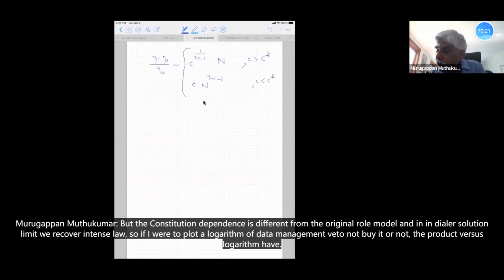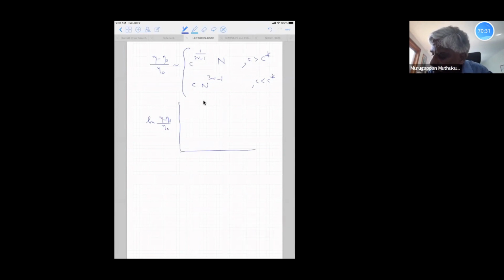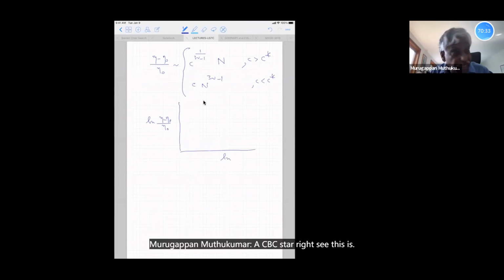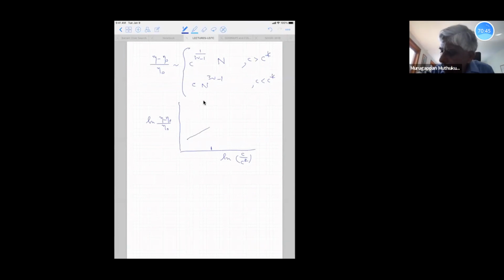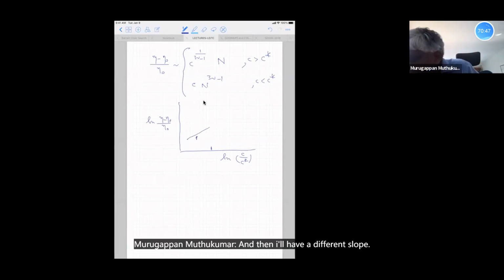So if I plot the logarithm of (eta minus eta naught) by eta naught versus the logarithm of C by C star, where this is 1, what I will get is the Zimm law like this with a slope of 1, and then a different slope.